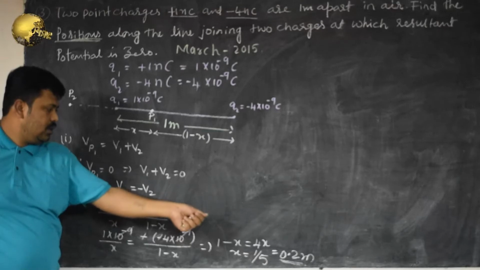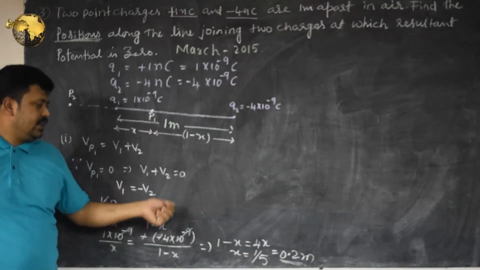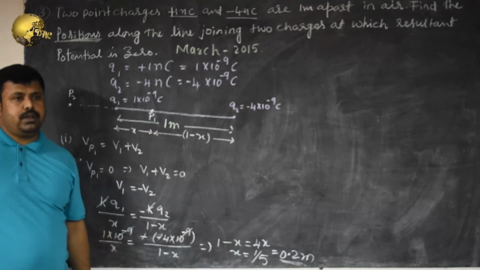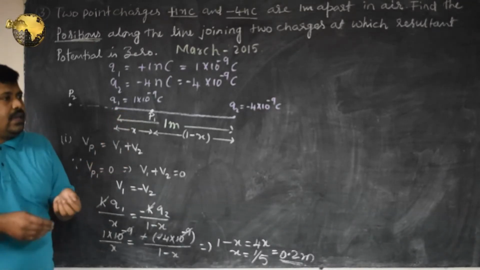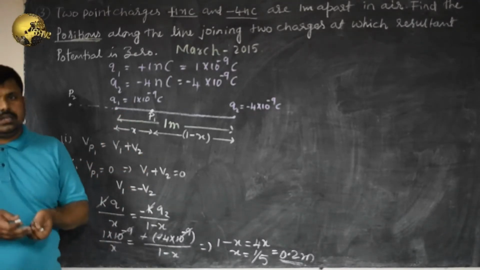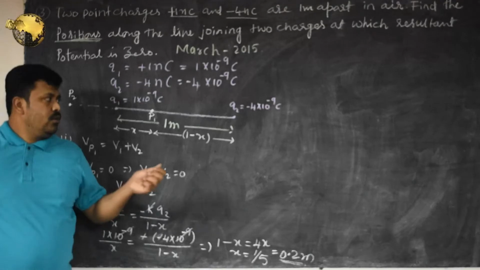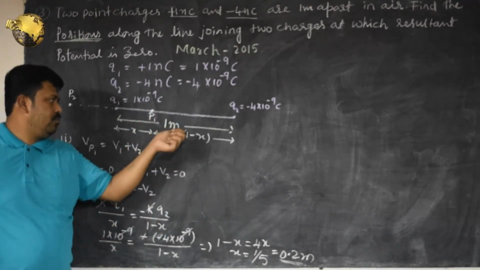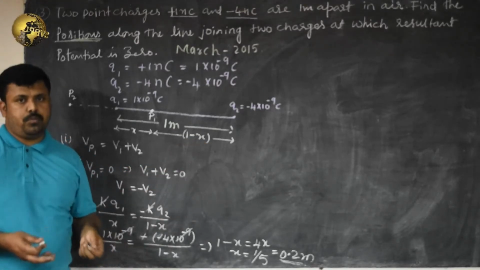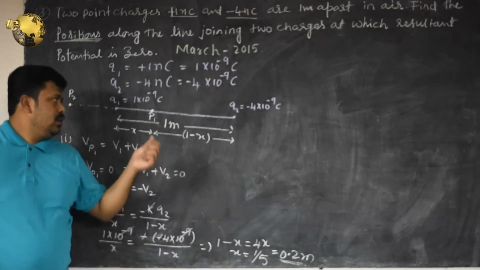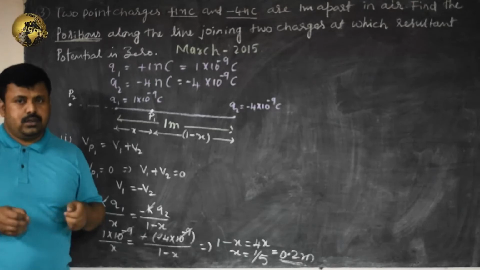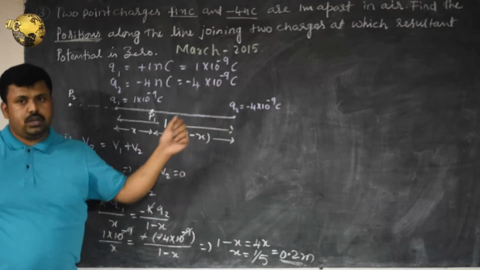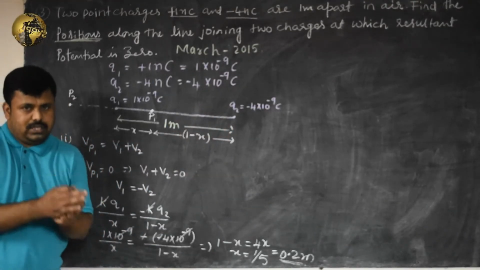So the point P1 is at a distance of 0.2 meters from Q1. If they specifically ask the distance of potential 0 from the second charge, you can say 1 minus 0.2 is 0.8. You can also write the point of potential 0 at 0.8 meter from charge Q2. So we are done with the first case.